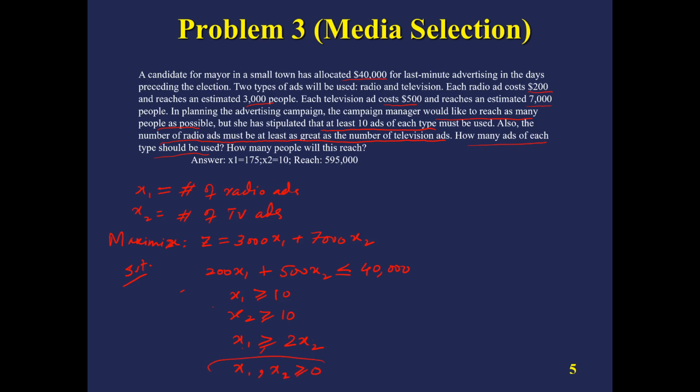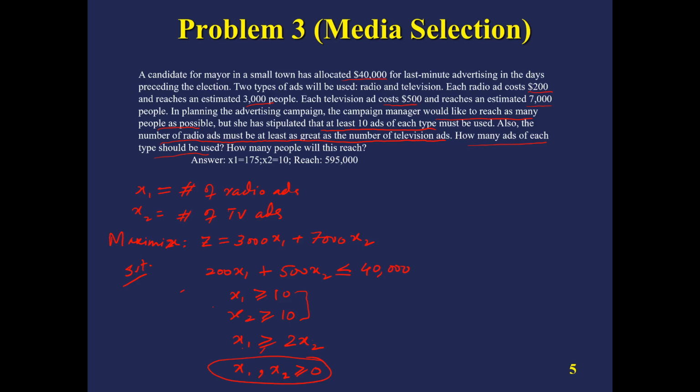Again, this is kind of redundant because these x1 and x2 are already greater or equal to 10, but as a completion, because non-negativity is there, we just add these x1 and x2 both are greater or equal to 0. Again, we are not going to solve it. I'm just formulating it.